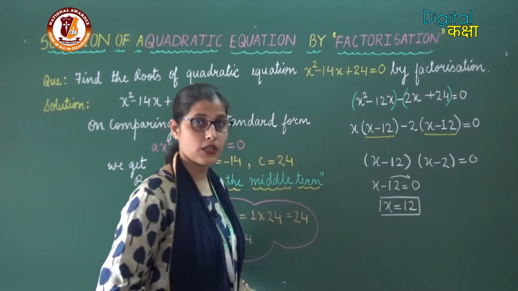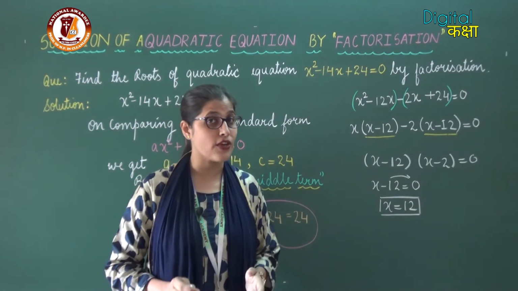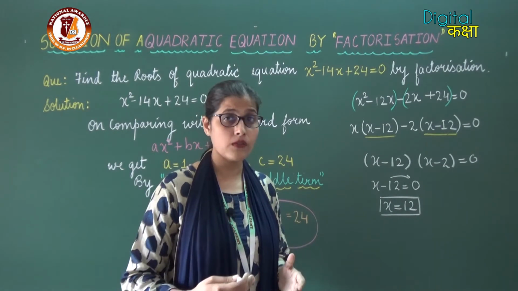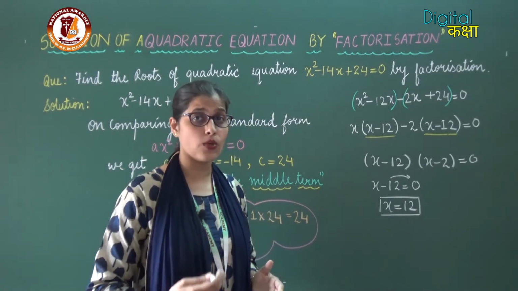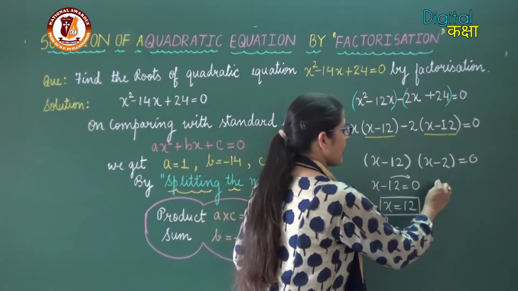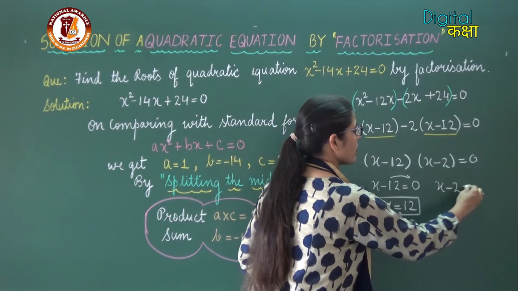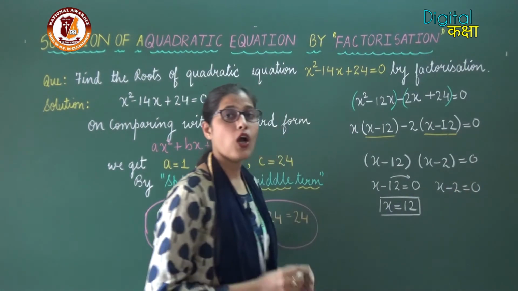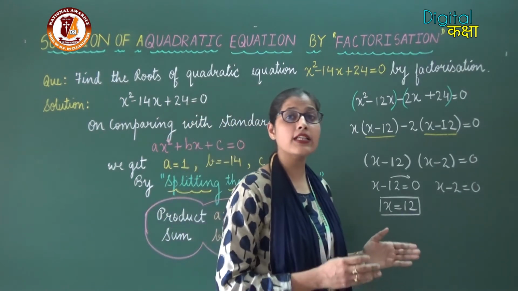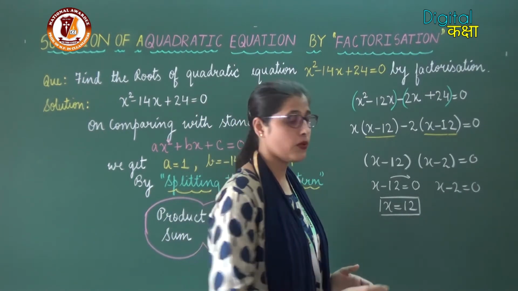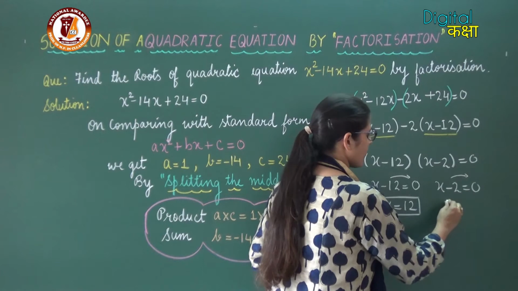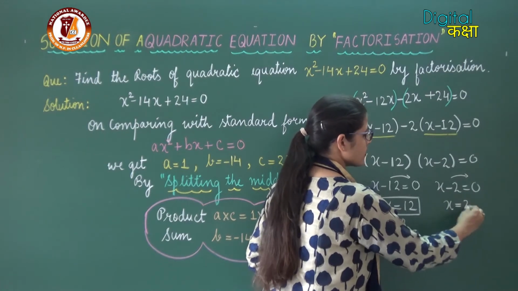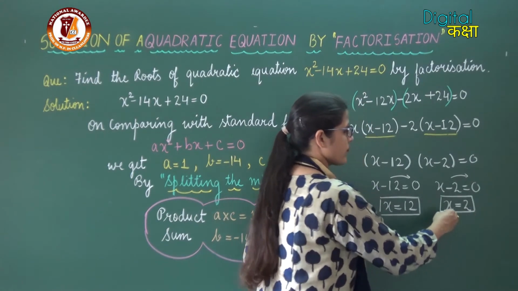This is one of the solutions of the given quadratic equation. Now, to find the second zero, we will be equating x minus 2 equal to 0. On equating x minus 2 equal to 0, we will be getting the value of x equals 2.